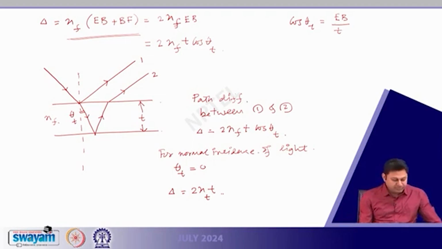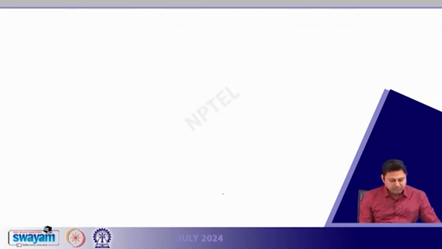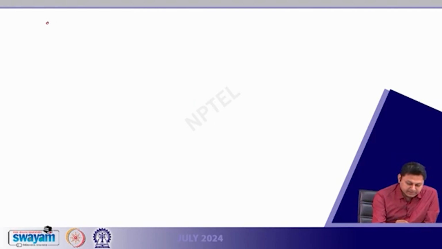But there are a couple of things that we need to know here also, and that is the reflection. Due to the reflection, an additional phase shift occurs, and this additional phase shift is of the amount of pi.